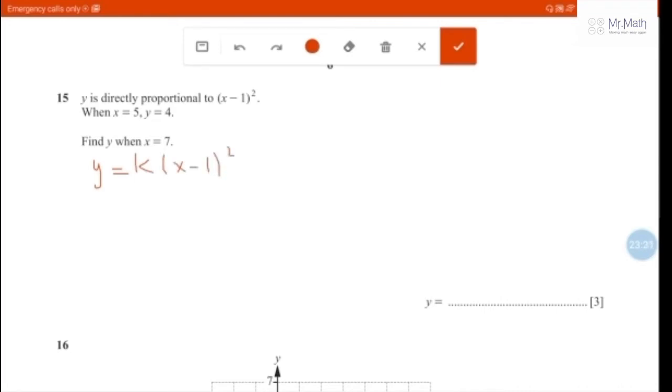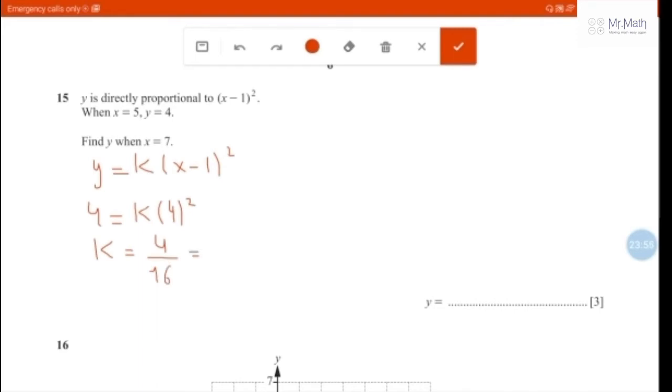So now I just substitute x equals 5 and y equals 4 into this equation. So when y is 4, I have k times x minus 1 squared. So x is 5, so 5 minus 1 is 4 squared. So k is equal to 4 divided by 4 squared, which is 16.